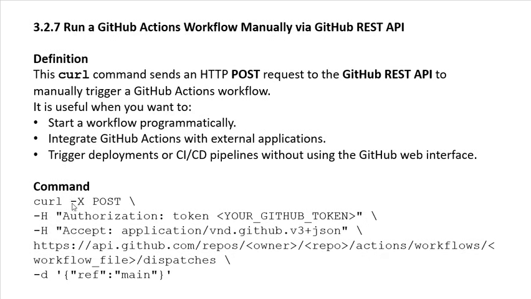And the command is curl -X POST, where POST is in capital letters, followed by a backslash, and then -H with the double quotes inside: Authorization: token YOUR_GITHUB_TOKEN_NAME, and a backslash at the end. The next line starts with -H and the double quotes inside: Accept: application/vnd.github.v3+json, and a backslash at the end.